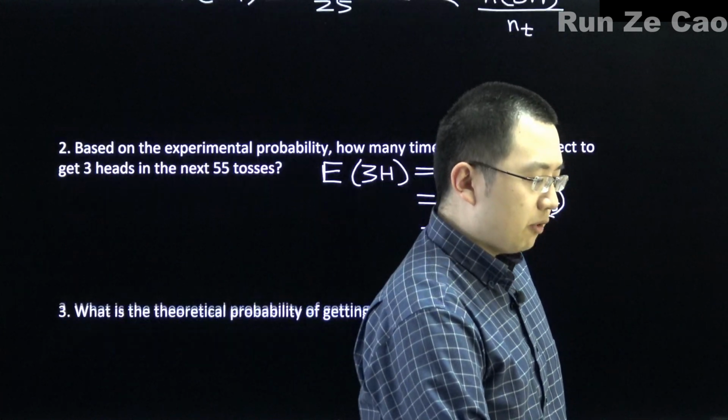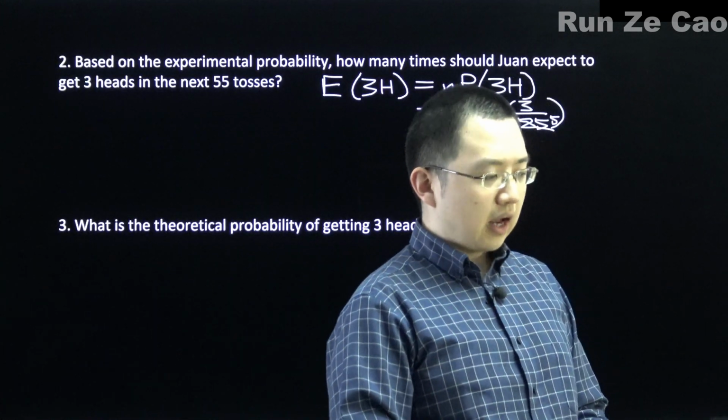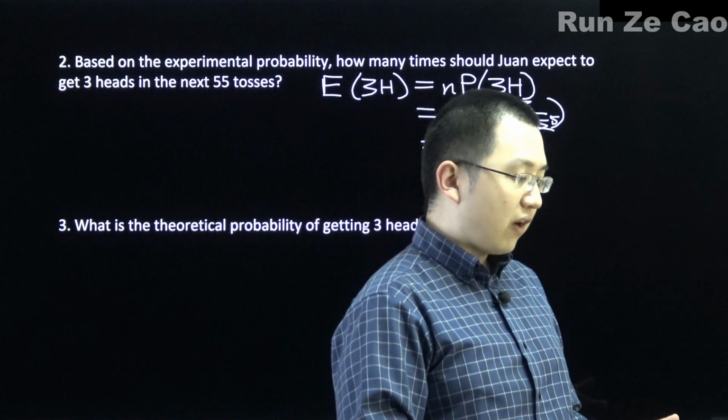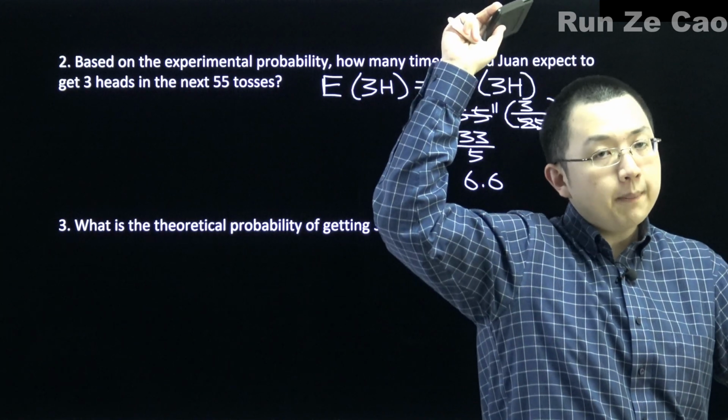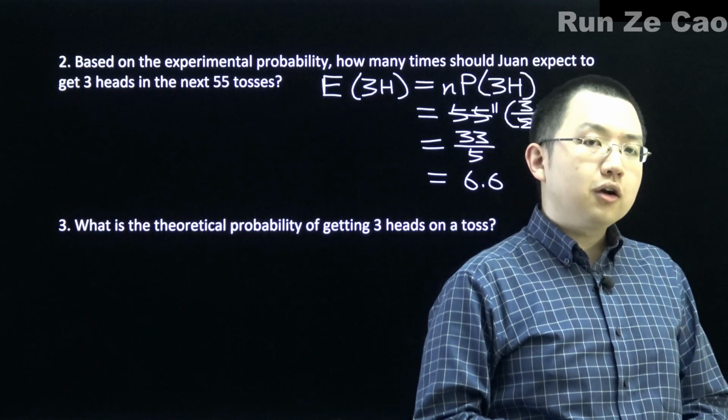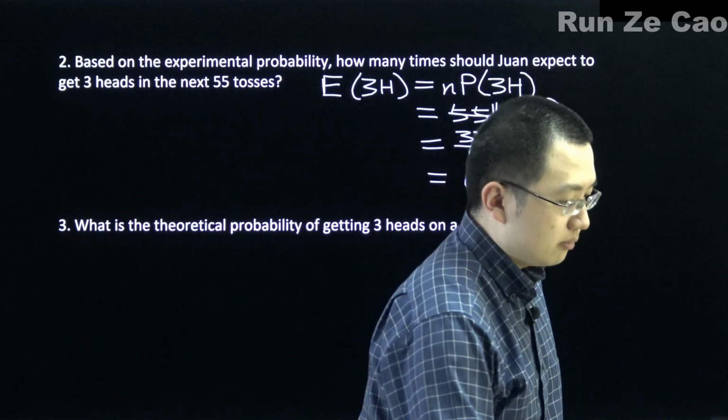So his distribution of the times he gets 3 heads in the next 55 tosses, according to the experimental probability, should be centered around 6.6.